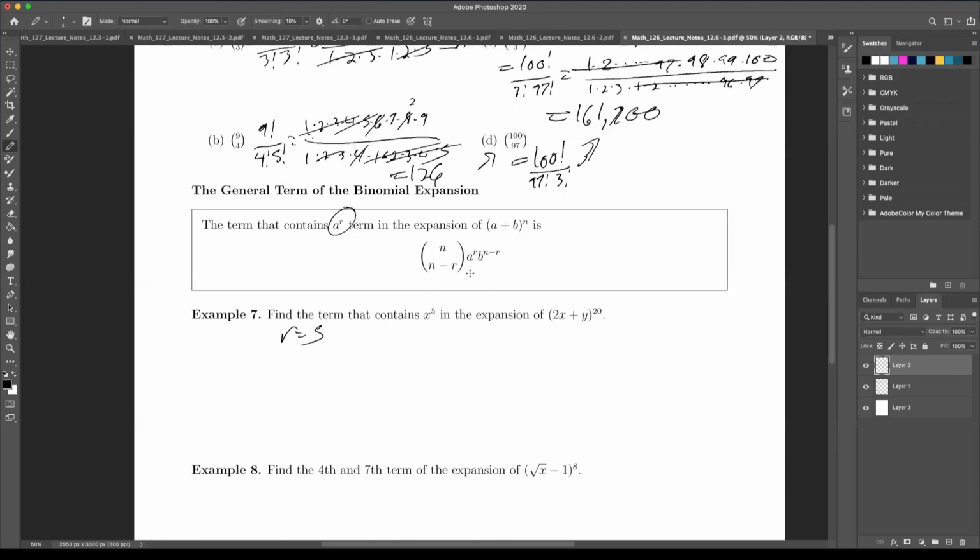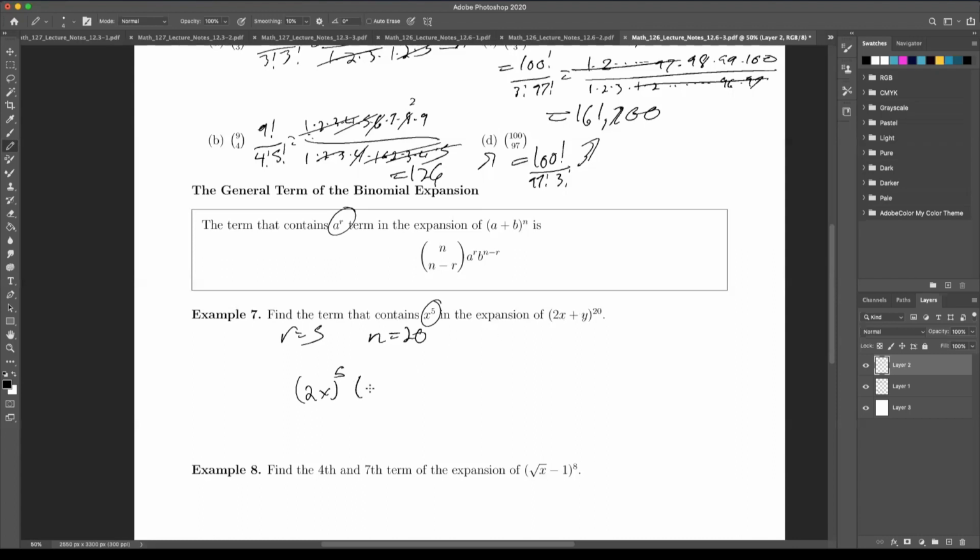And n in this case is 20. So if I want to find the term that contains this of this expansion, I'm just going to say r equals 5 and n equals 20. We're going to crunch through this. When we do that, we're going to have 2x raised to the r power, so that's 5.